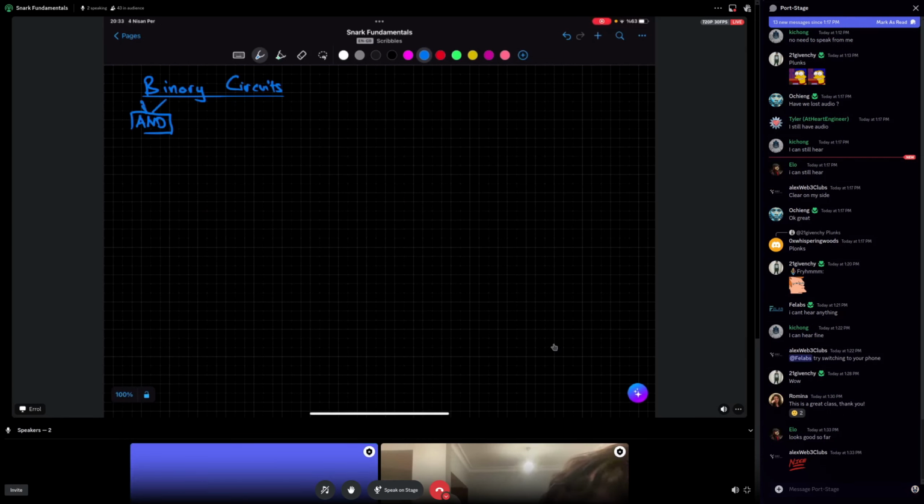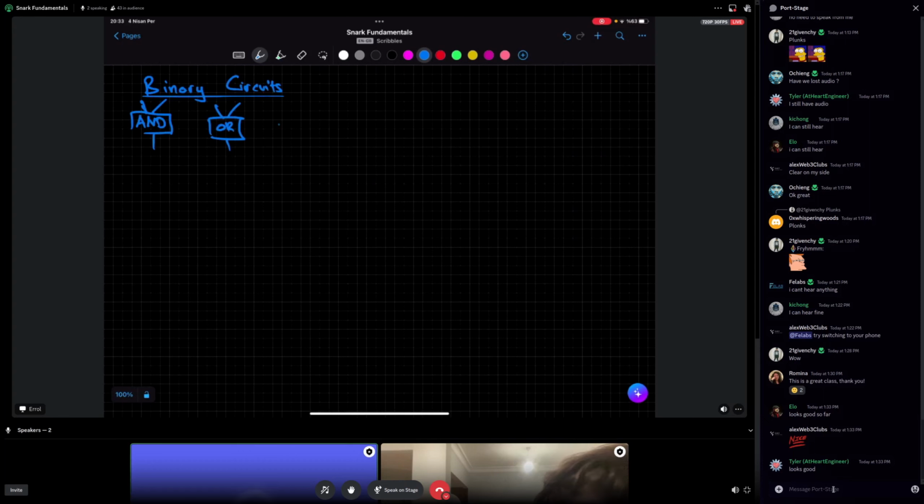It's going to have 2 inputs and an output. The OR gate has 2 inputs and an output. There's the exclusive OR gate. You don't need to know these gates, I'm just drawing them to show you. And we've got the NOT gate, which is actually 1 input wire and 1 output wire, because it just turns a true to false and a false to true.